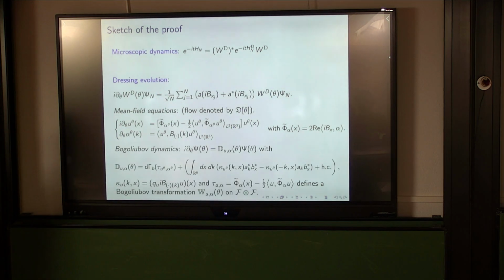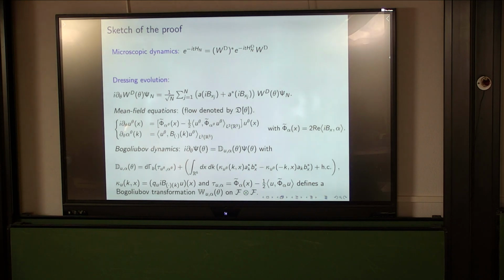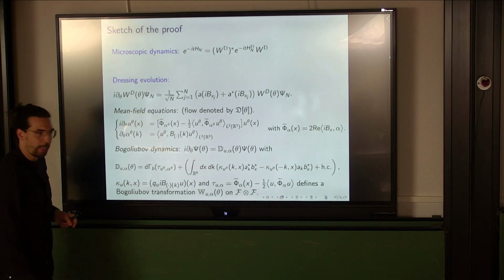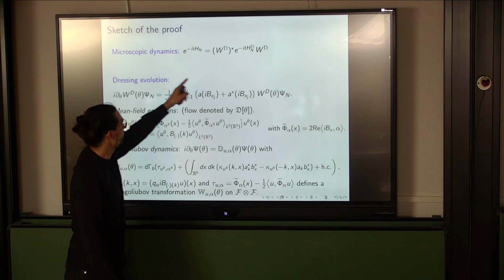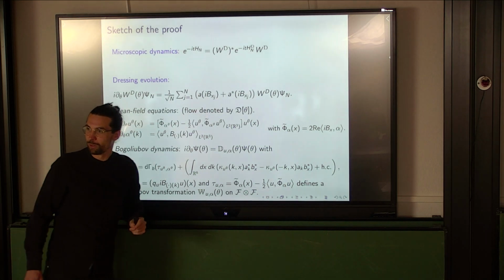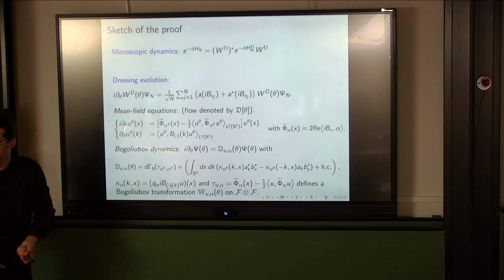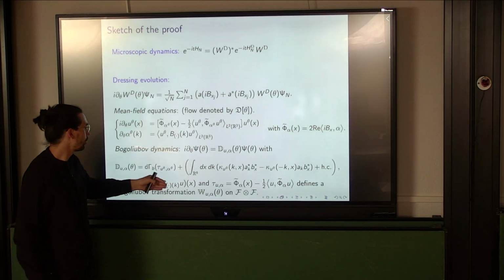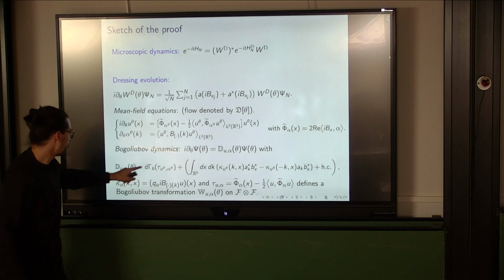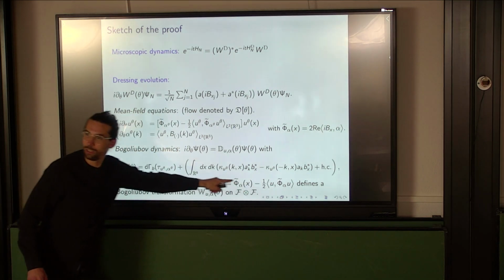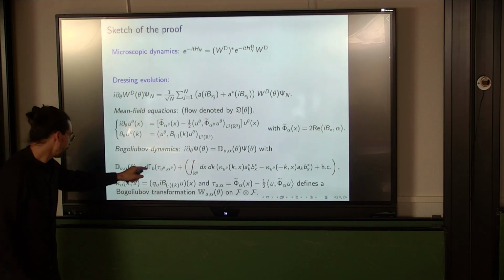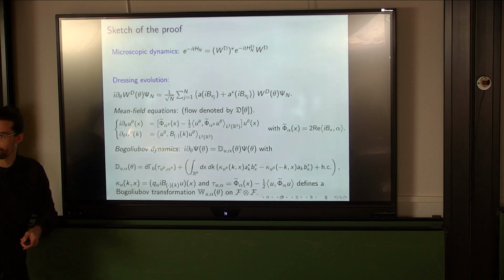And in this work now, we also consider the Bogoliubov dynamics of this model. So we look at the excitation map with respect to this dynamics, and then a many body state which evolves according to this dynamics. And then one can do a similar approximation like I showed before, but one obtains a Bogoliubov Hamiltonian which also looks similar, but which also doesn't have the kinetic energy in the part for the particles, and also no field energy.